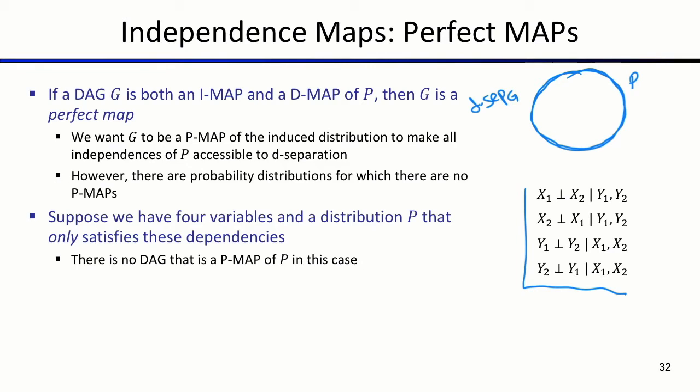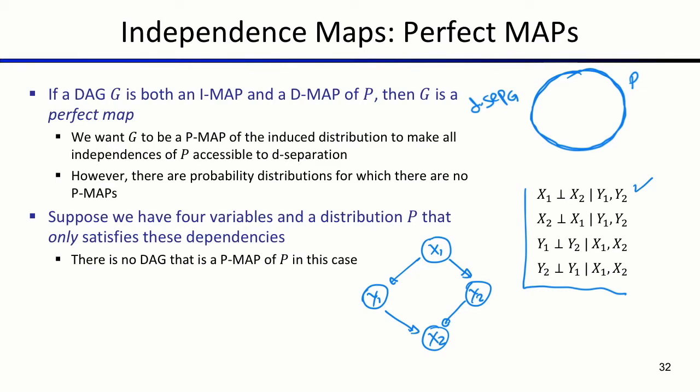So we can try to do that by looking at different ways of building the DAG. So we can have x1 and x2. So we need that x1 is independent of x2 given y1 and y2. So we have y1 here and y2. And one way of drawing this is making y1 in the middle of x1 and x2, and y2 being in the middle of x1 and x2.